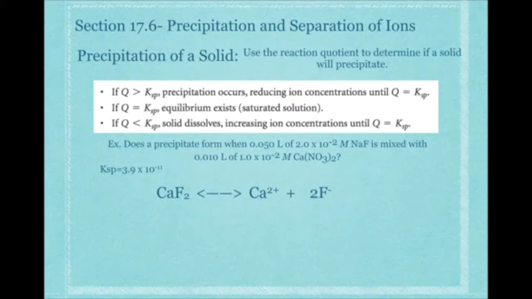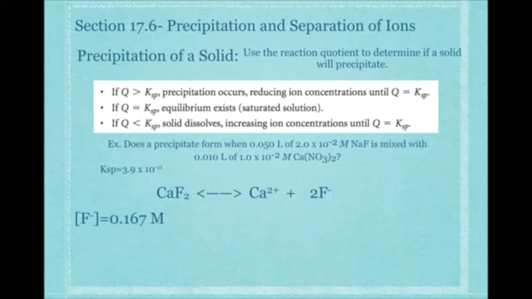I want you to do that for both sodium fluoride and calcium nitrate to make sure you get the same concentrations that I do. For the fluoride ions from sodium fluoride, I got 0.167 molar. Keep in mind I'm ignoring the sodium simply because that will not form a precipitate. It's the fluoride ion and the calcium ion.